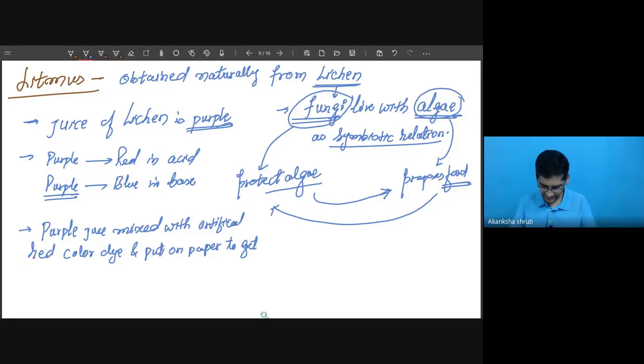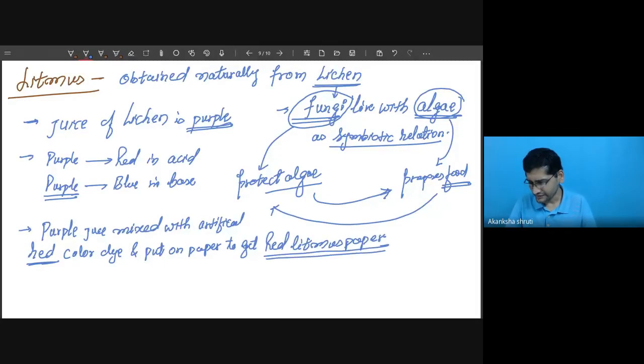The red color dye is added, so now the purple color will not be visible to you, but the entire paper will be red in color, to get red litmus paper. So this red litmus paper is artificial, but the litmus itself is natural.